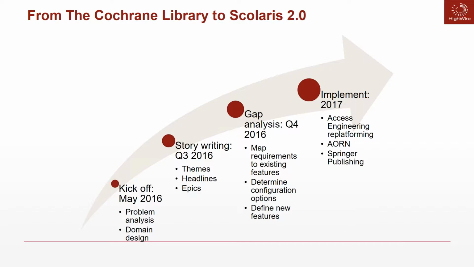AORN, you might be familiar with as an existing HighWire client. They came to us because they wanted to go beyond hosting just their book and start integrating lots of associated and loosely associated content. And Springer Publishing, which is not Springer Nature, it's Springer Publishing in New York.